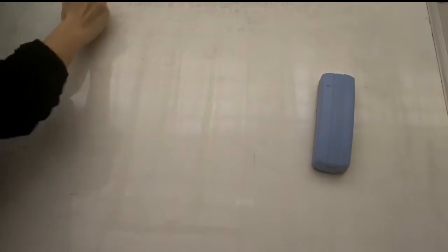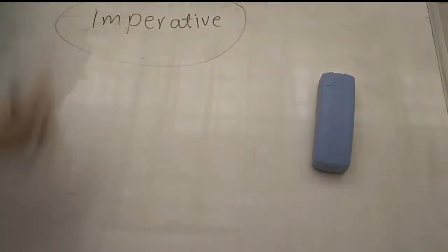So, in today's tutorial video, the focus will be on the use of imperative. You might be wondering what imperative is or how we can use imperative in a sentence. This topic is so easy, but it needs some attention. Why?